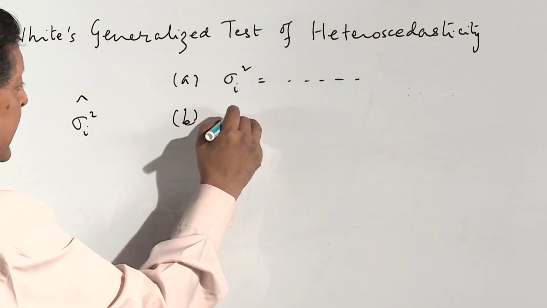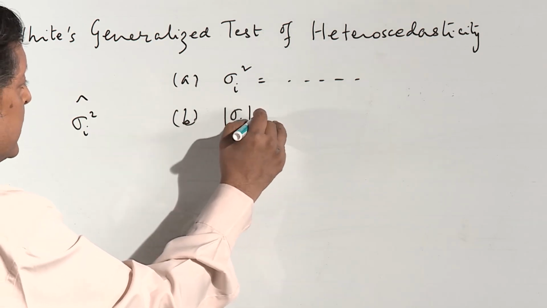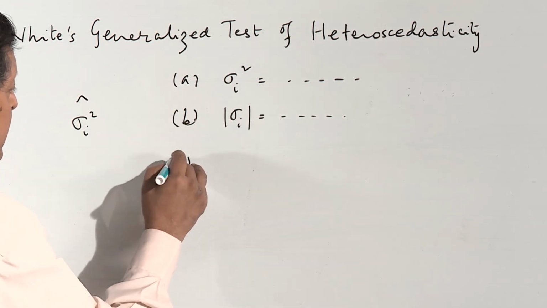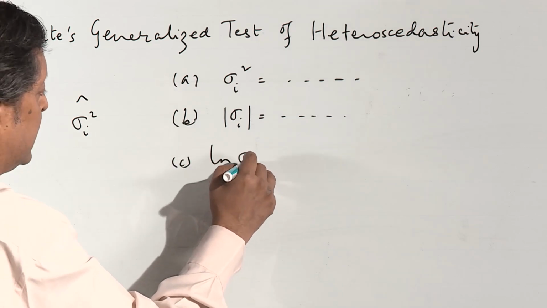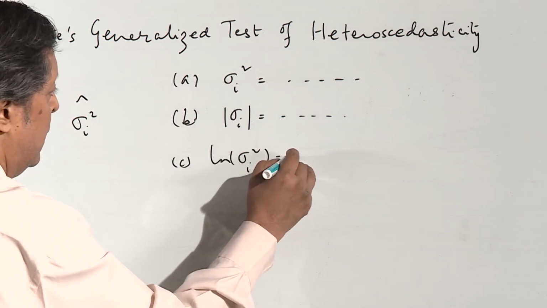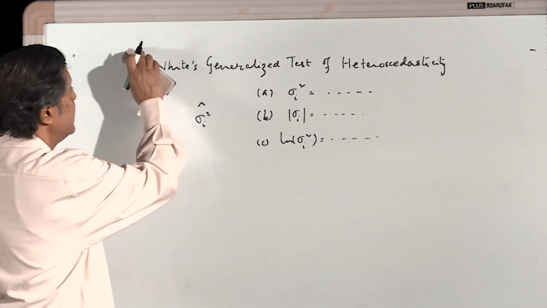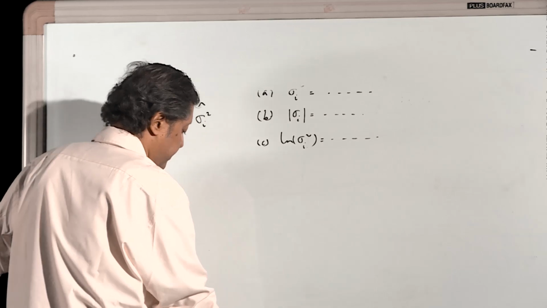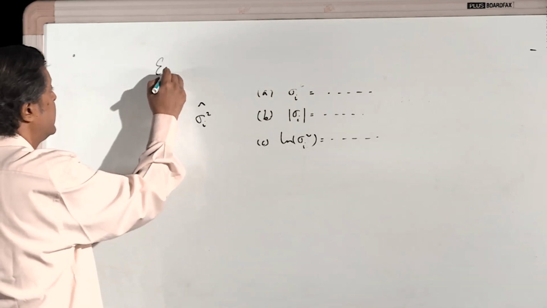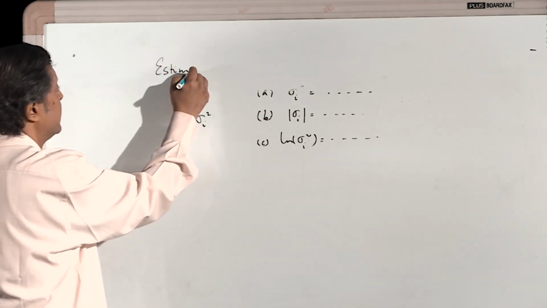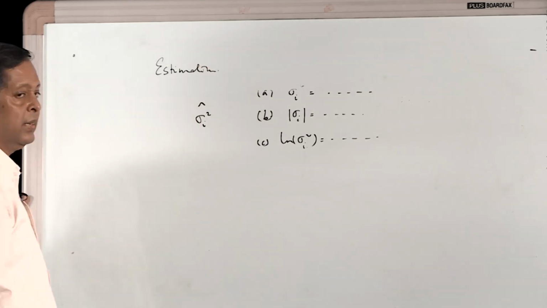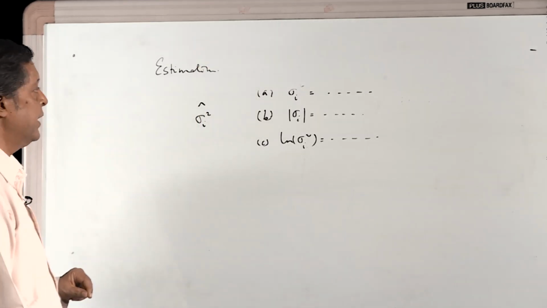Form B was sigma i modulus equal to, and C was log of sigma i square. So, this is not White's test, this is estimation. After White's test, we are now at estimation under the general form of heteroskedasticity.